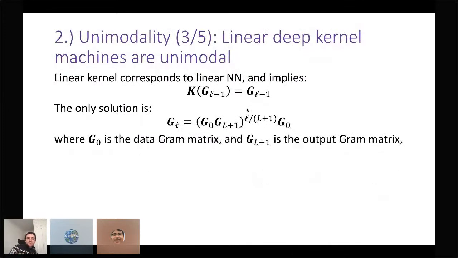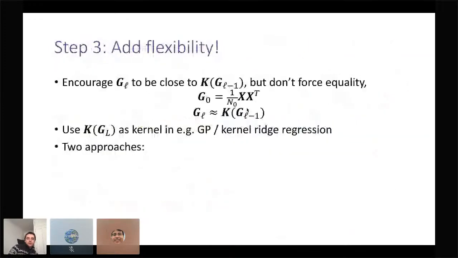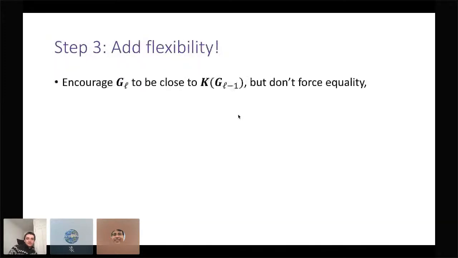Yeah, because there's two things going on. If we go all the way back here, you're right, nothing would be going on, because here the Gram matrix of the next layer is equal to that nonlinear transformation of the Gram matrix of the previous layer. But I'm not doing that. I'm setting the Gram matrix of the next layer close to, but not exactly the same as, that nonlinear transformation of the Gram matrix of the previous layer.